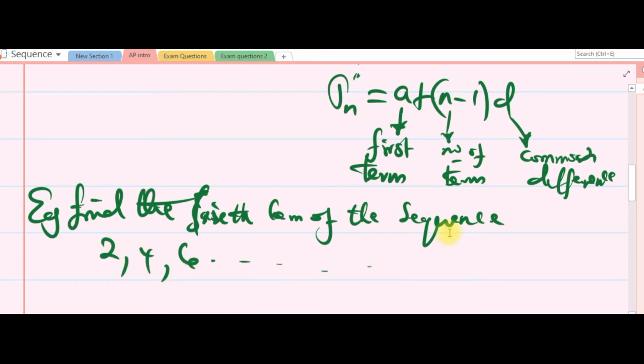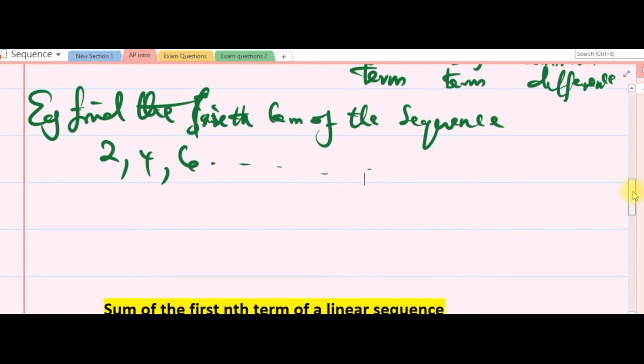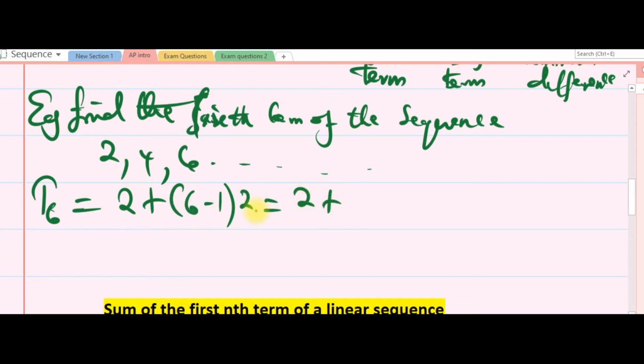Without wasting time, the term 6 is the first term, which is 2, plus (n minus 1), where n is 6, times the common difference, which is 2. So the answer is 2 plus (6 minus 1), which is 5, 5 times 2 is 10, and 2 plus 10 is 12. So the sixth term is 12.